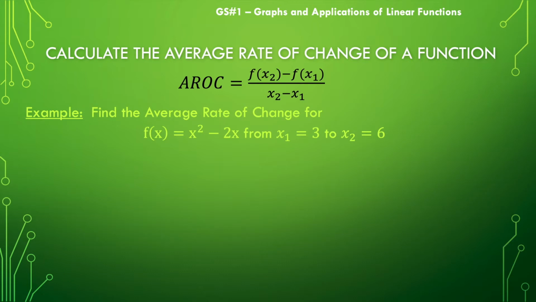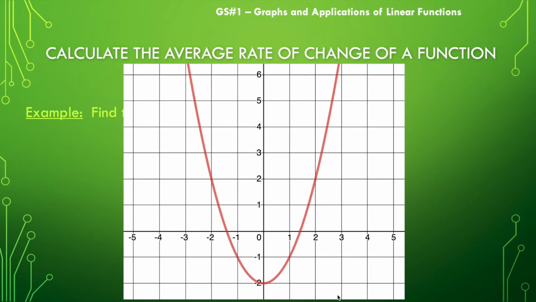Now, when we're talking about the average rate of change of a function, that is going to depend on the 2 points that we begin and end with, and then divide by the number of units in between. Let's look at a parabola. If I were to choose 2 points on this parabola, let's say, how about (-2, 2) and (1, -1)?